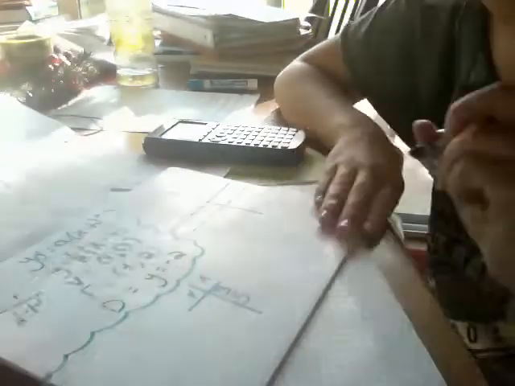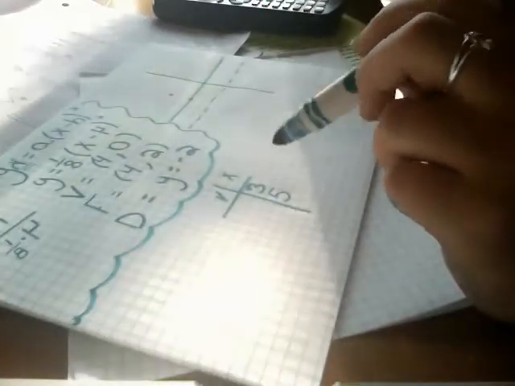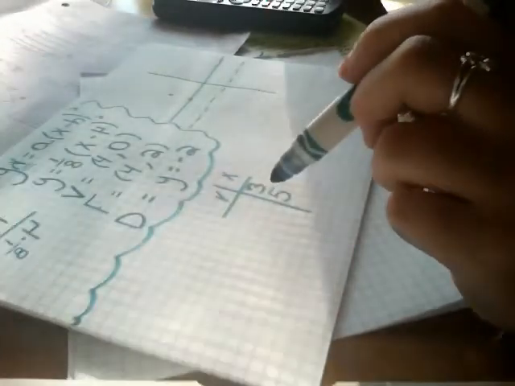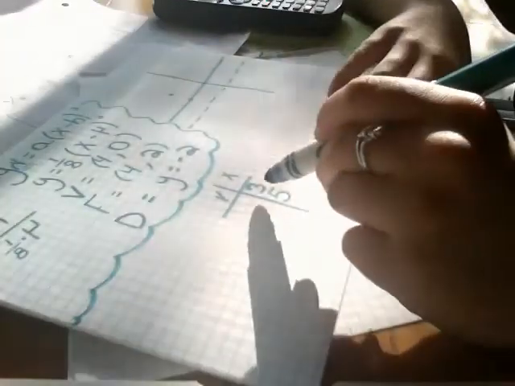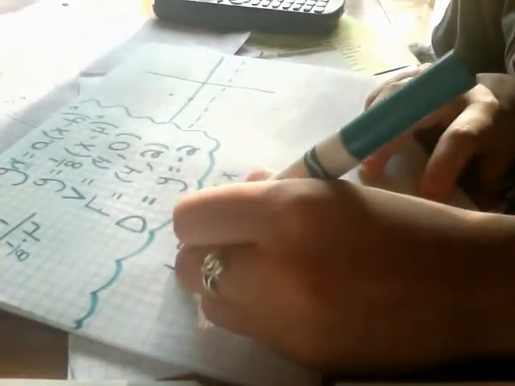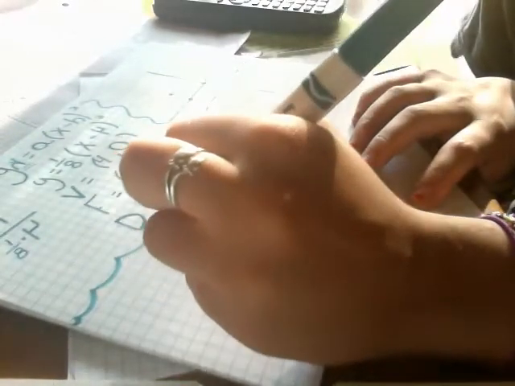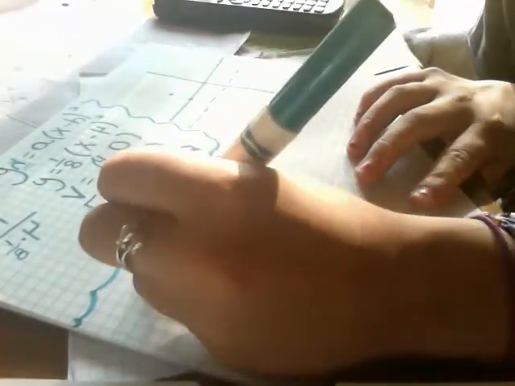And so now that we have that, we're going to plug it in to our original equation, which was y equals 1/8 times x minus 4 squared. So we're going to do x, which is our 3. So 3 minus 4 squared. 3 minus 4 is -1 squared, which is 1.